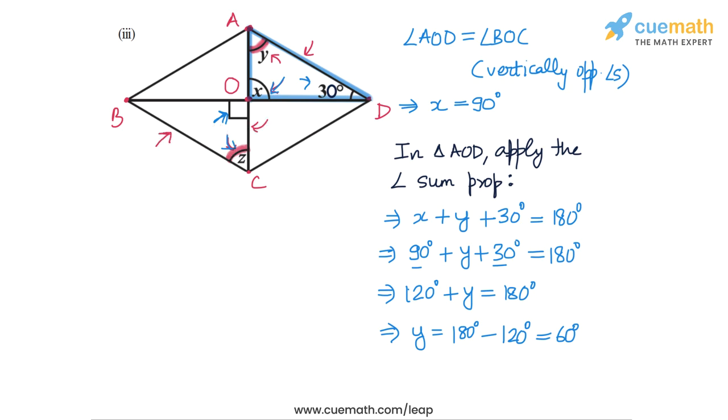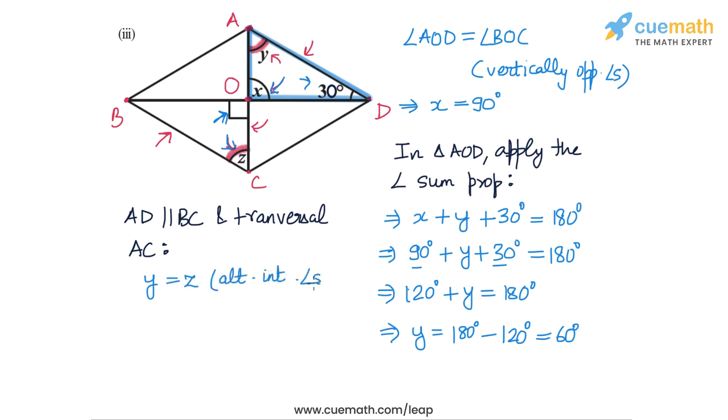Okay, so let's write this out. So AD is parallel to BC, and for these two parallels we have the transversal AC, and this means that Y will be equal to Z, because these are a pair of alternate interior angles.